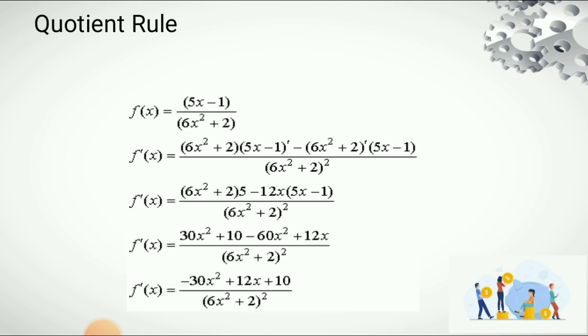So the first derivative of f of x is equal to 6x squared plus 2 times 5, minus 12x multiplied by 5x minus 1, over 6x squared plus 2 raised to the power of 2.